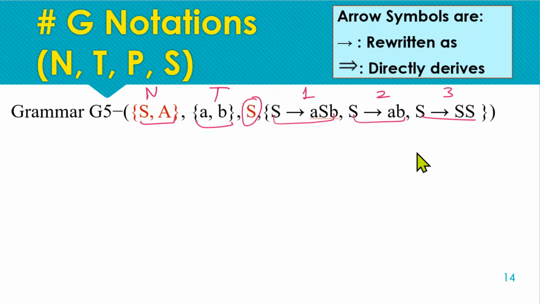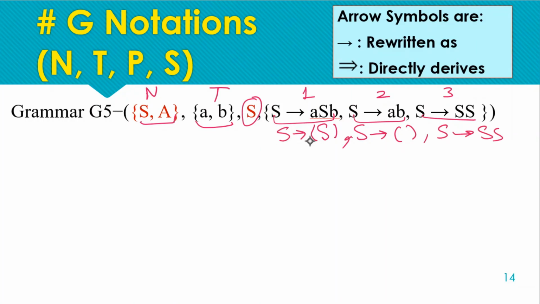So simply, if you check carefully, this is a grammar of balanced strings of parentheses, so you can consider a as a left parenthesis, b as a right parenthesis, and S as a non-terminal. And here this production rule can be considered as this, and this is the same as the above production rule.